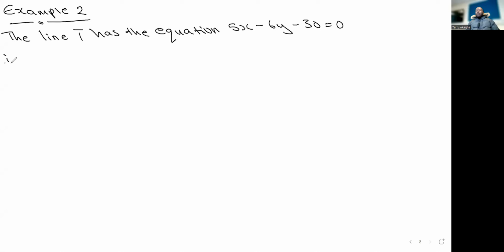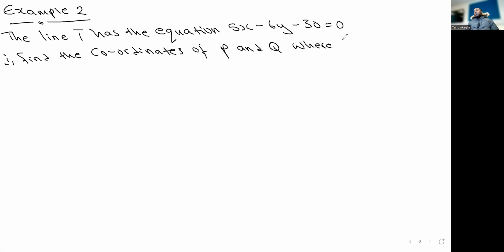Number 1, find the coordinates of P and Q, where line T crosses the coordinate axis.